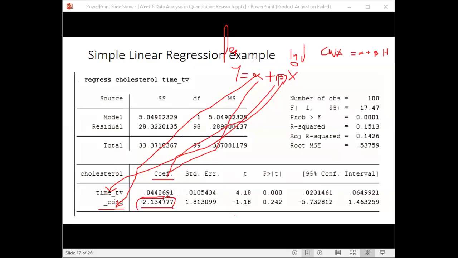It means that if you don't study, if hours of study is equal to 0, your CWA will reduce by 2.134777 units. Simple as that. If hours of studying is equal to 0, because it's your constant, your intercept, your CWA, which is your performance, that is how you measure your first class, second upper, and the rest, will reduce by 2.0 something. That's the meaning. Simple as that.